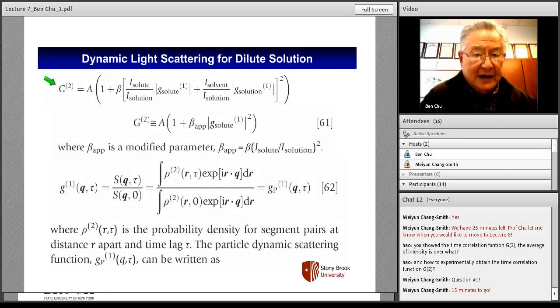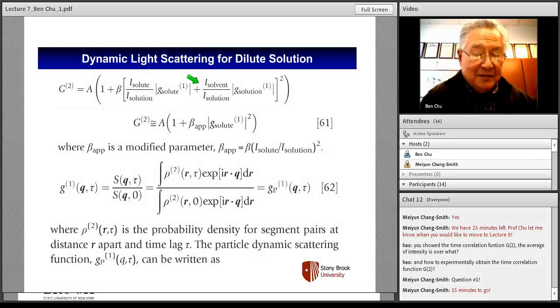You're making measurements of the first order electric field time correlation function of the solute from that G2, which is really of the solution. But in there, there's a portion of the solvent dynamics you do not see. So you end up with this term. And this term implies the G apparent is beta times I solute over I solution, to the square.